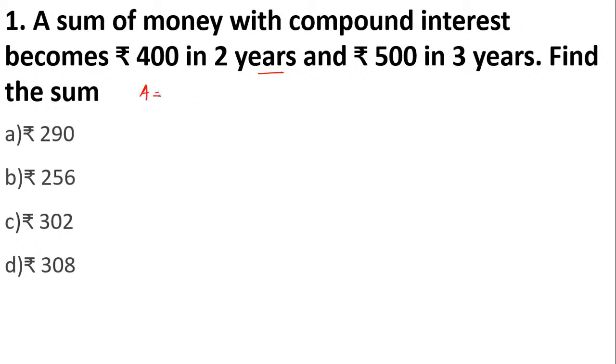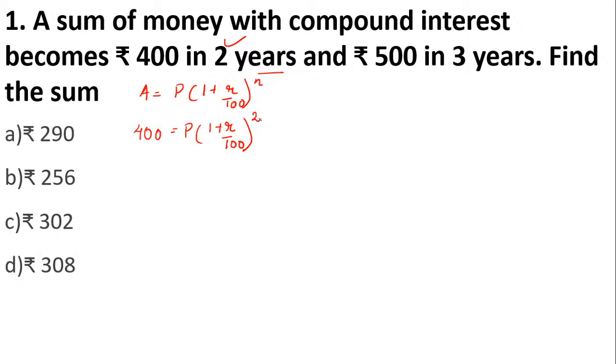So A is equal to P into (1 plus R upon 100) to the power of N. N means T, you could say. The first amount is 400 rupees. I am assuming the principal to be P, and the rate I'm assuming as R. So instead of rate I'll write R only, and here they said for 2 years, so I'll write 2.